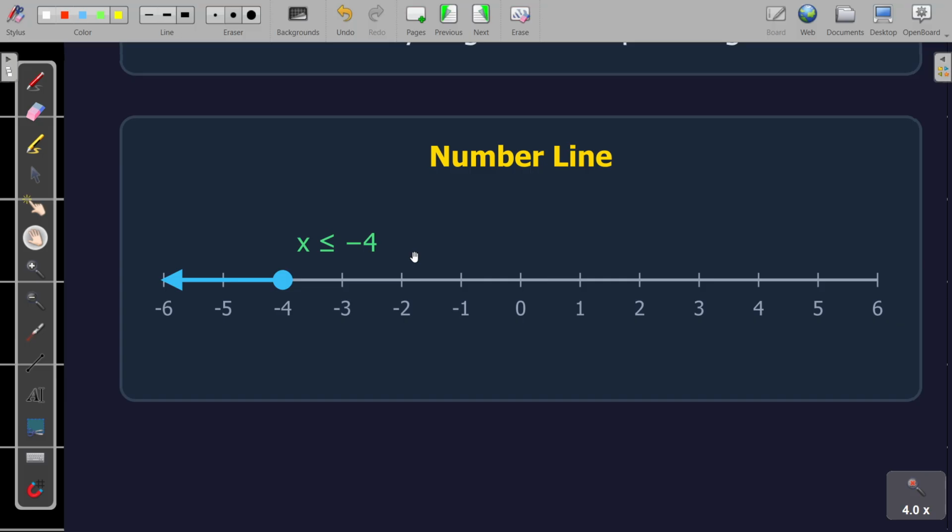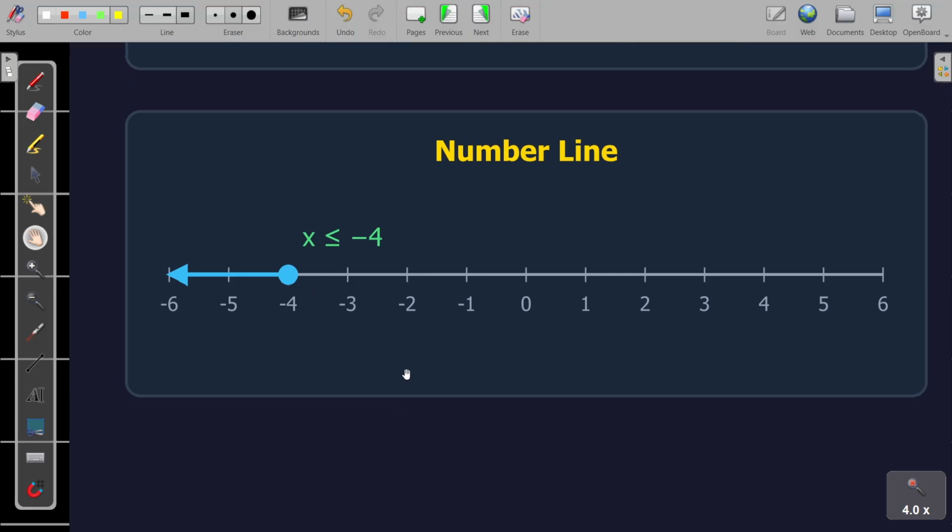As you can see right here, I want to draw a solid colored-in dot at negative 4, and because x is less than negative 4, we can draw an arrow pointing to the left towards negative infinity. Okay, and I can dot here. It's also equal to negative 4 as well.